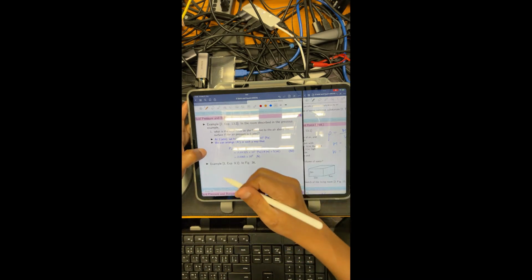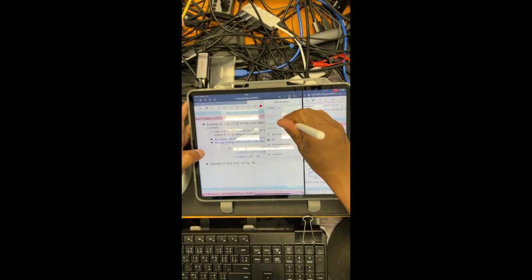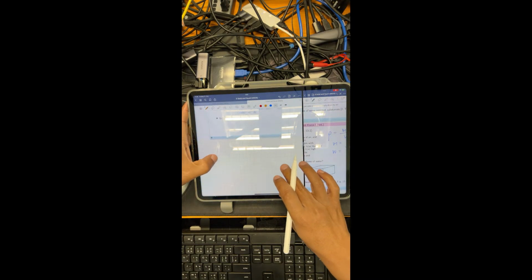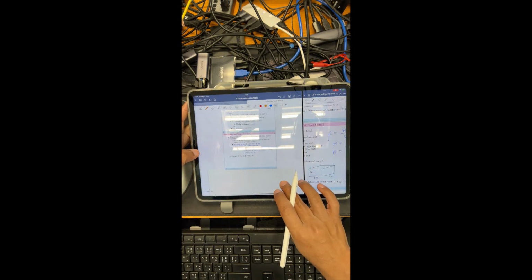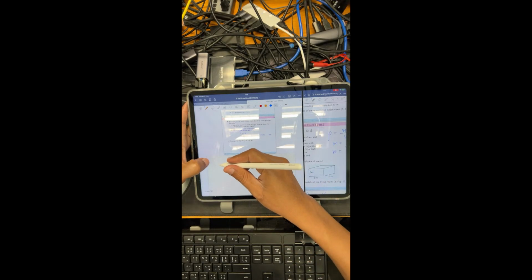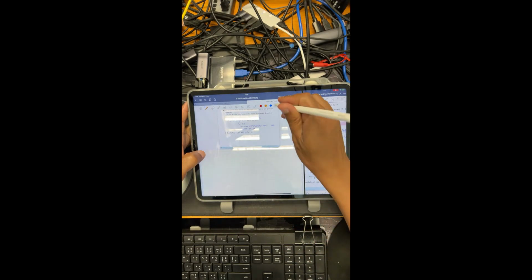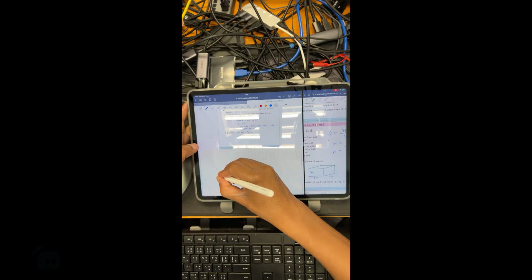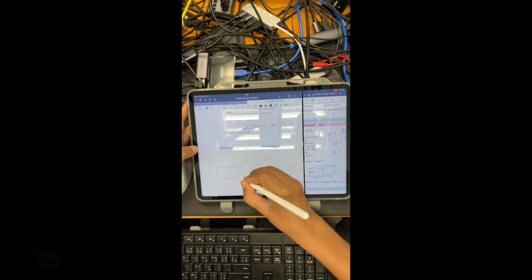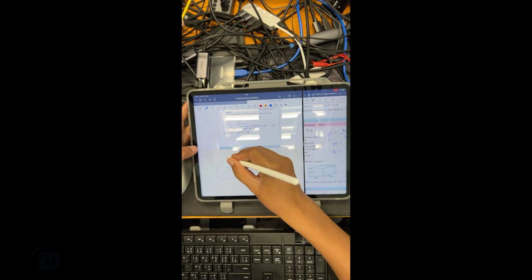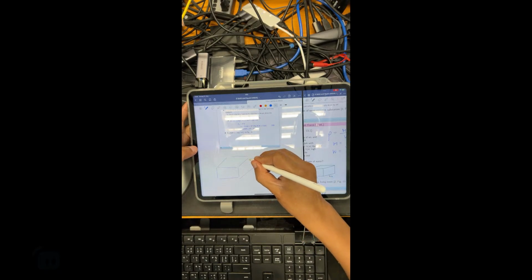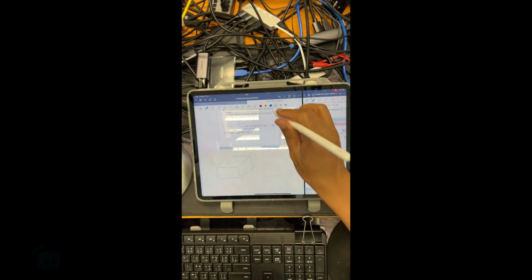So where is the floor? This one is the box, the cube, which represents the room, right? And where is the floor?